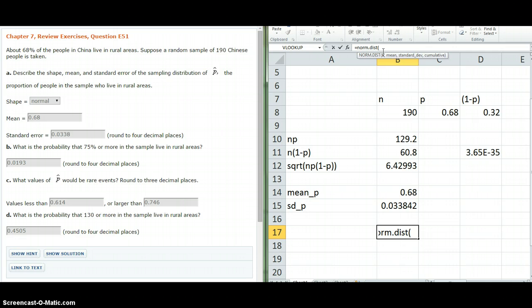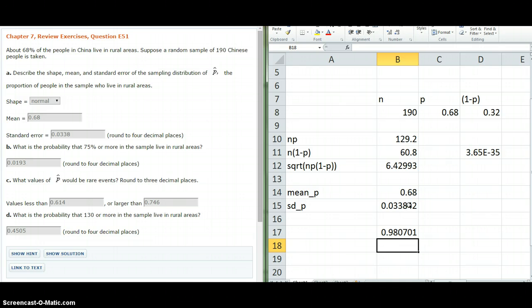And I'm going to be looking at 0.75, where the mean is 0.68 in my population of sample proportions, and my standard error, or the standard deviation of that population of sample proportions, and that will give me 0.98.